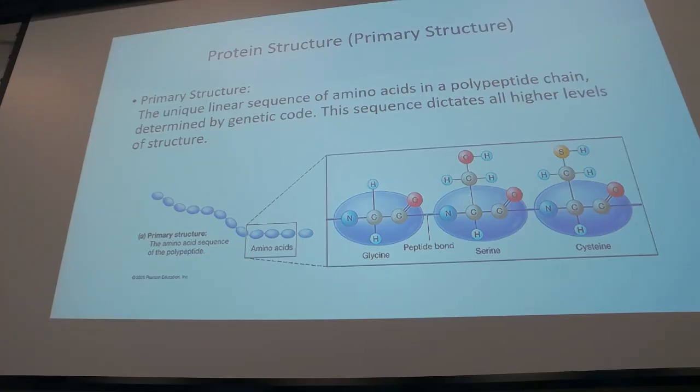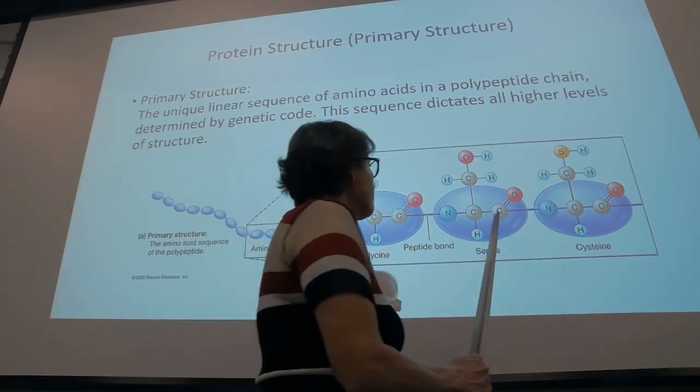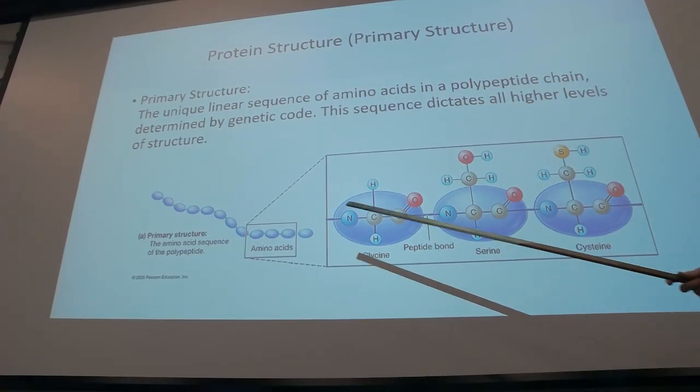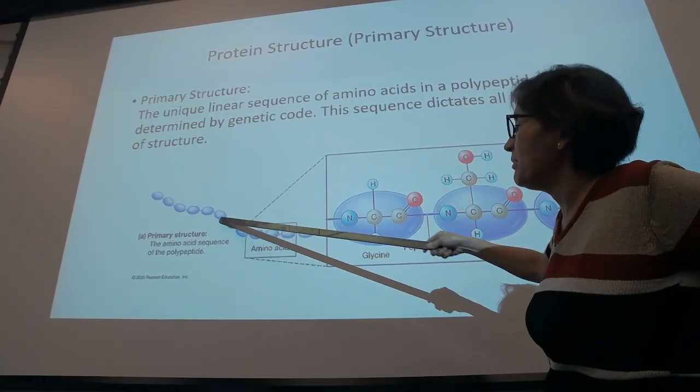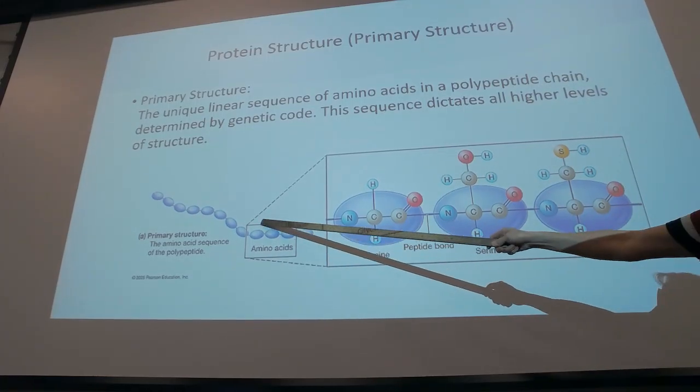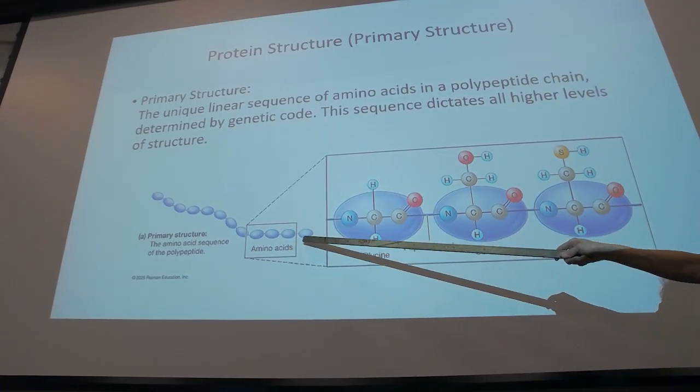Now, these proteins form a primary structure. So the primary structure will be represented by what type of amino acids you have in the chain. So this is a polypeptide. So here is one region of this area.